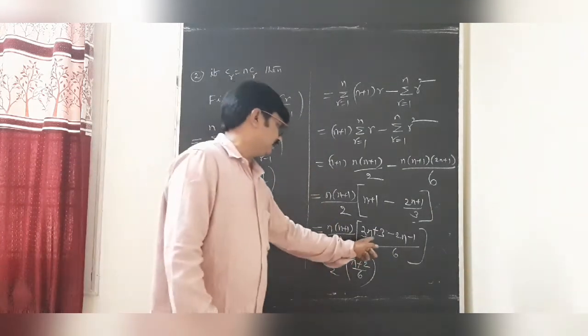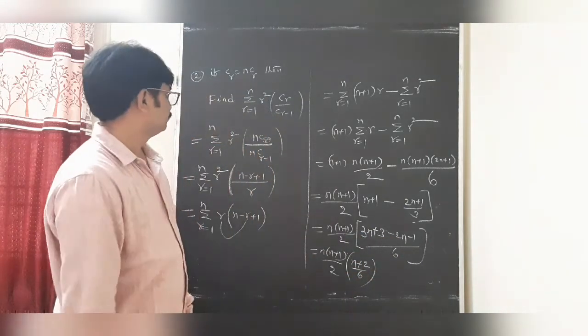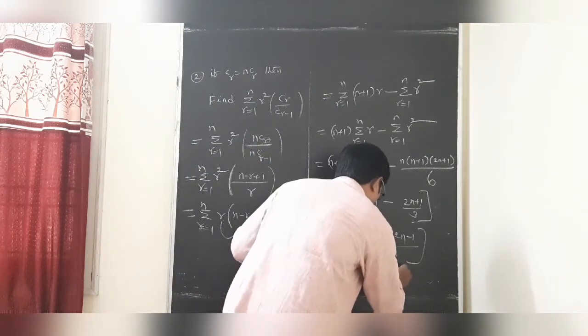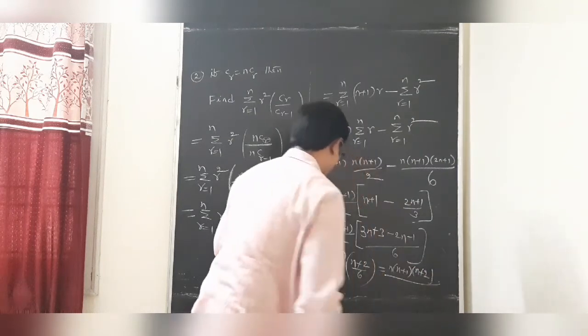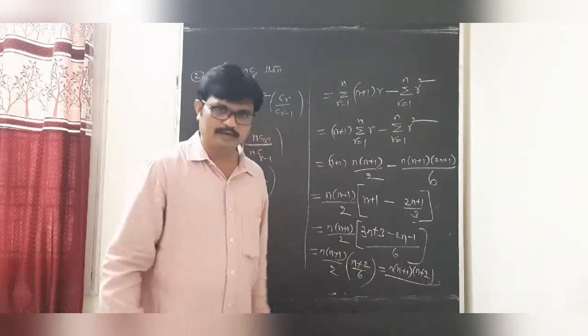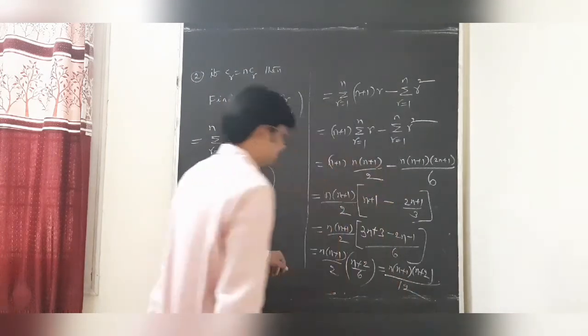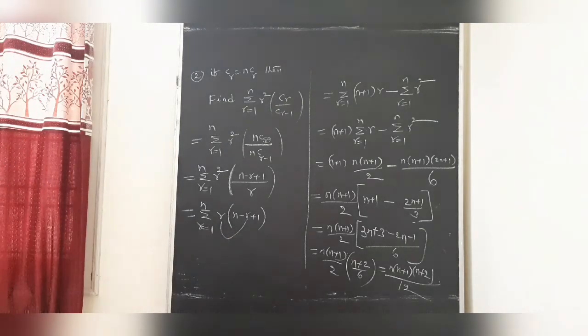Is it clear, students? So we got n into n plus 1 into n plus 2 by 2, 6 is 12, n into n plus 1 into n plus 2 by 12.